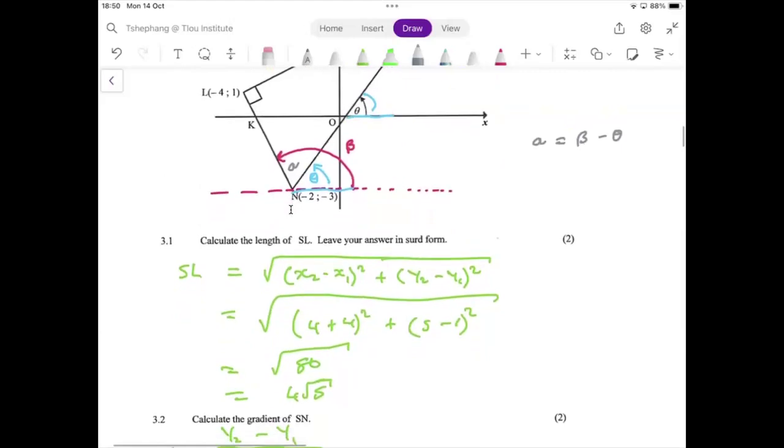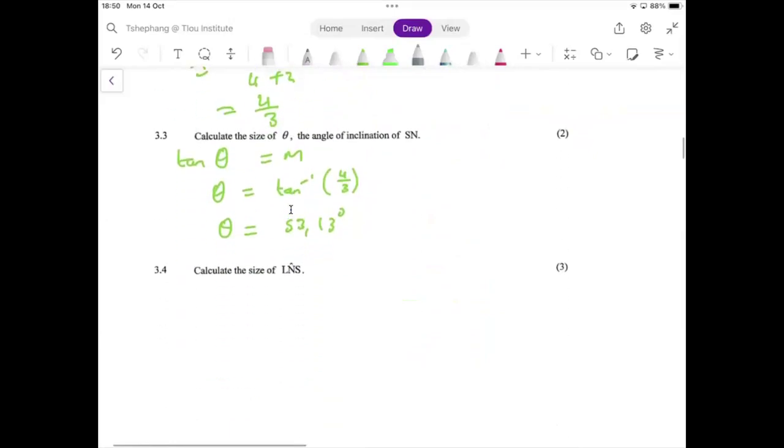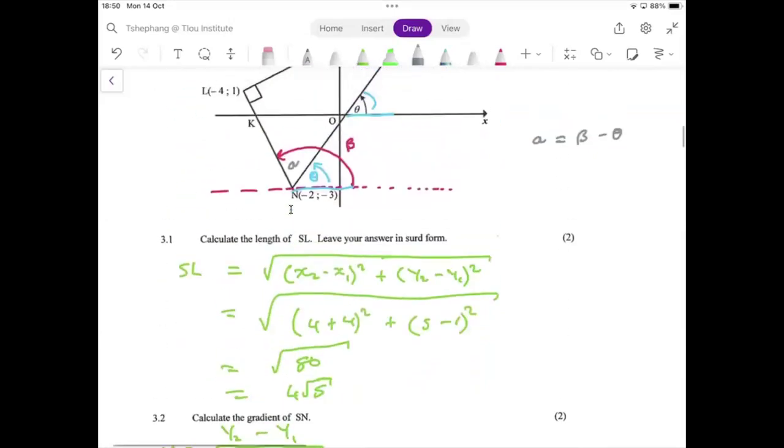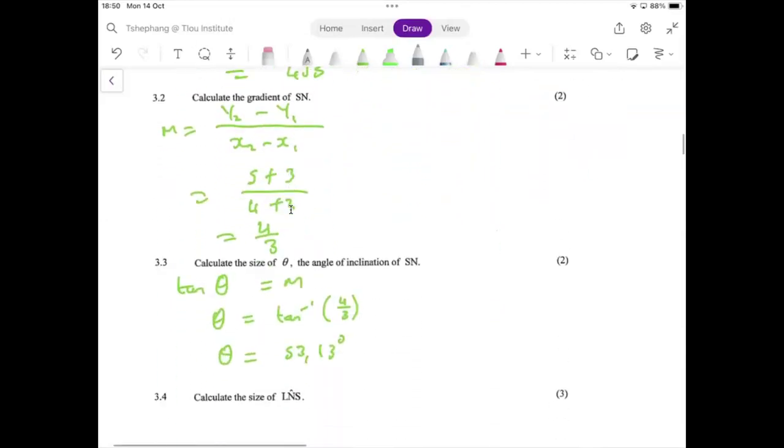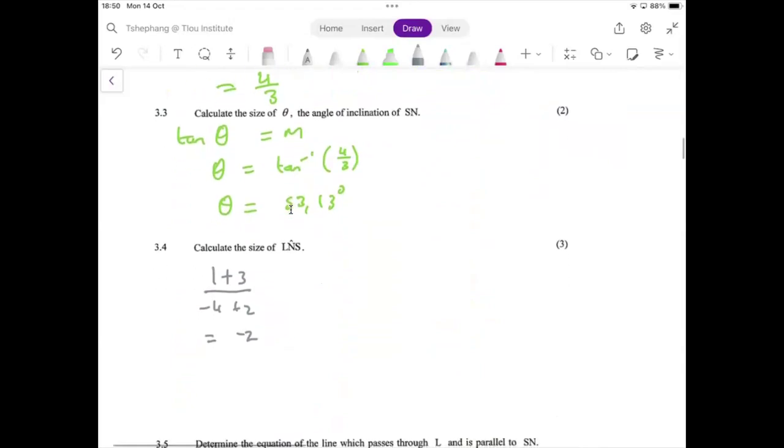So (1 plus 3) over (minus 4 plus 2), which gives us minus 2 as our gradient.